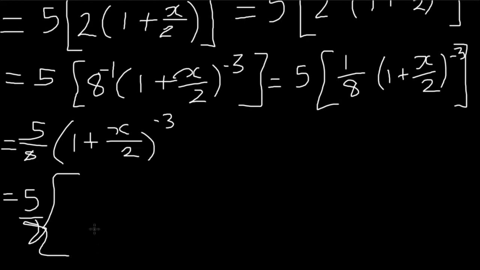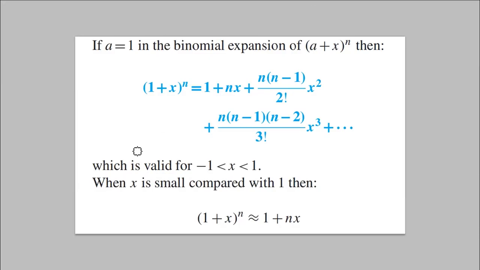Okay. Let me write it properly. Somebody might think it's a set. Alright, it's now okay like this. So from there, I'm going to expand this. Remember, I'm going to use the same extension because my expression here now in the brackets is in the form of this extension, 1 plus x to the power n.